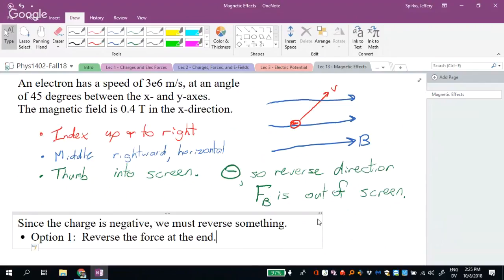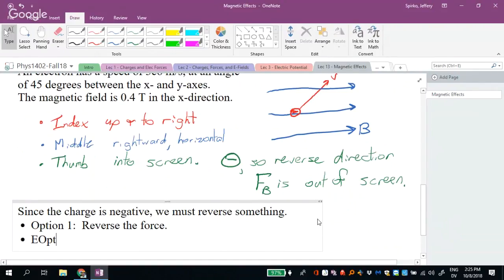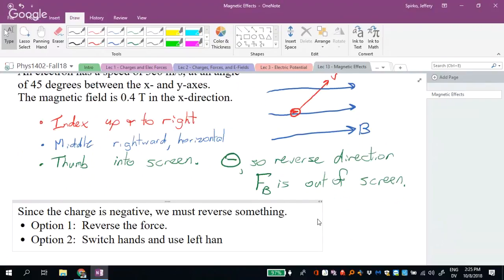So my preference is to reverse the force. And the other option is to switch hands and use your left hand for a negative charge.